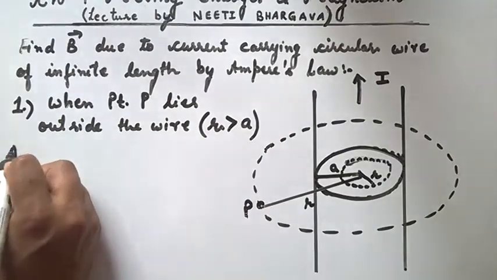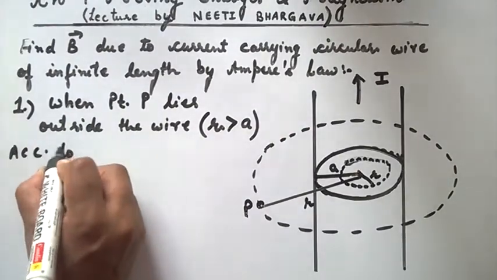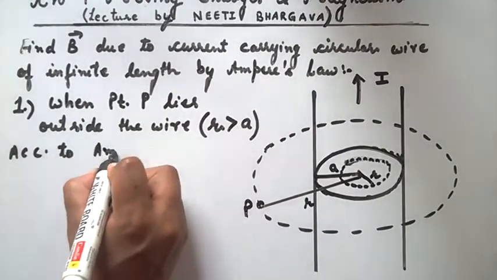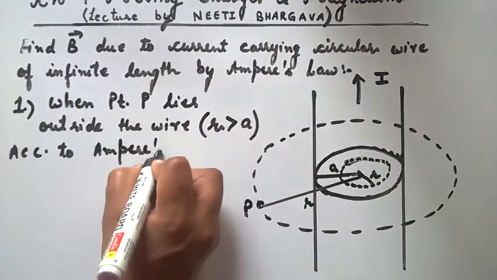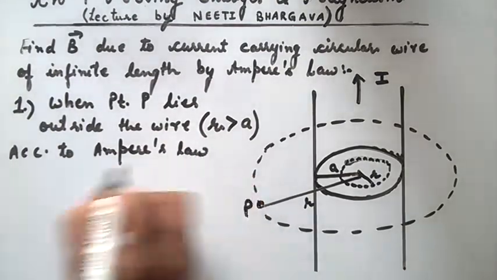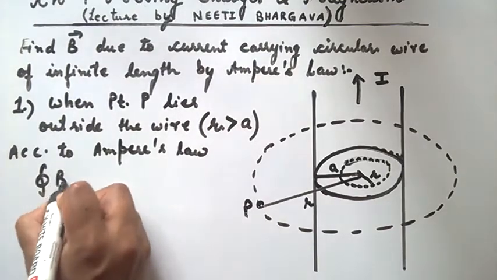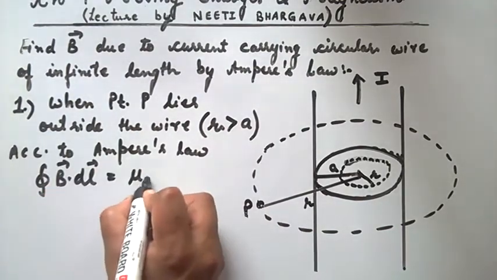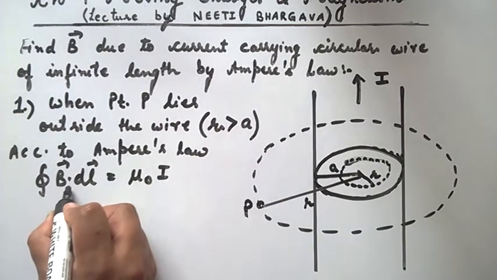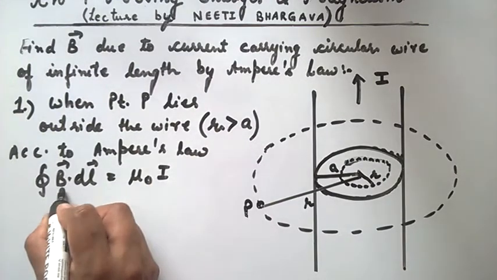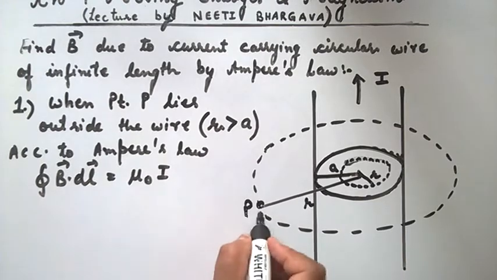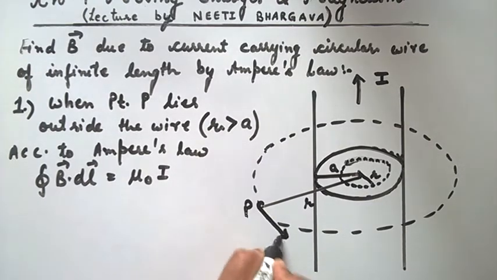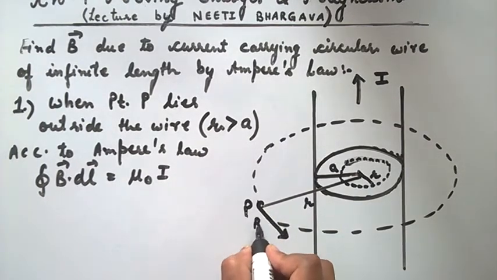Then according to Ampere's law, closed integral over B dot dl equals mu naught I. Here the angle between dl and B is 0 degree, that is, the direction of length element and magnetic field is same.